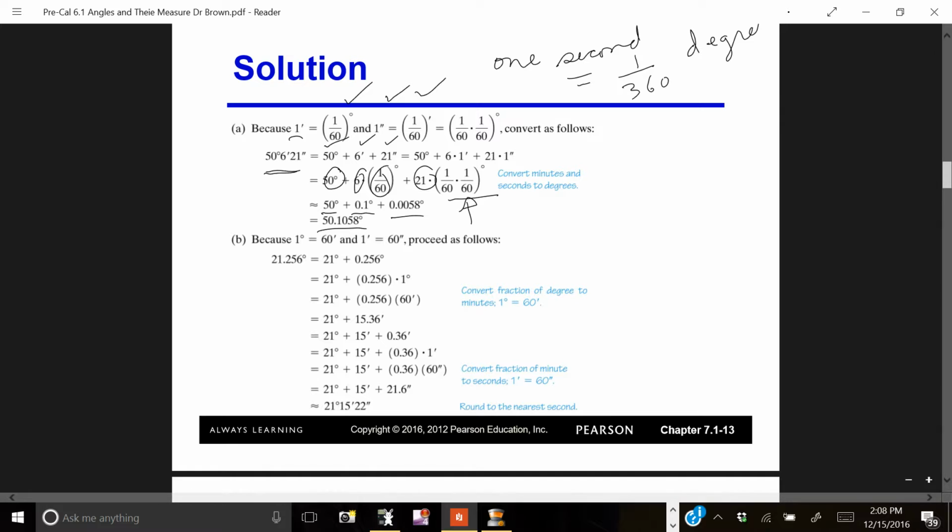Now, converting from 21.256 degrees to minutes and seconds, we first write that 21.256 is 21 plus 0.256 degrees.